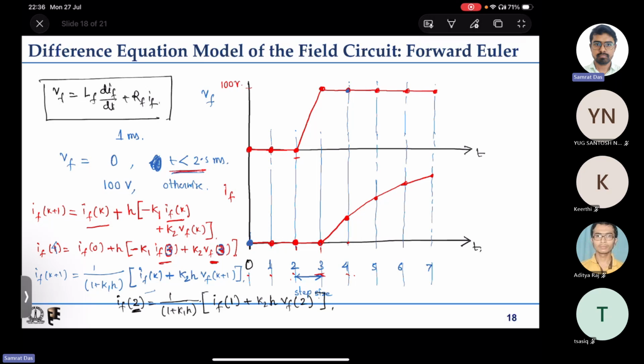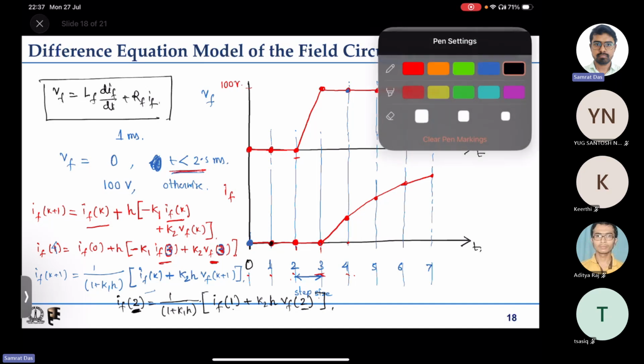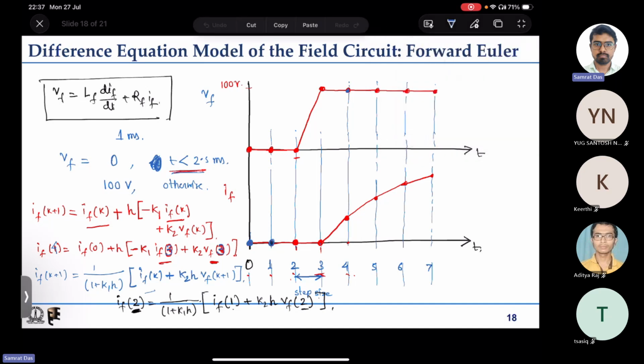So for solving for 2, the value of VF used is the same instant 2 value, but for IF it is the previous one, that is 1. So for 1 also it will be 0, because both IF0 and VF1 are 0.